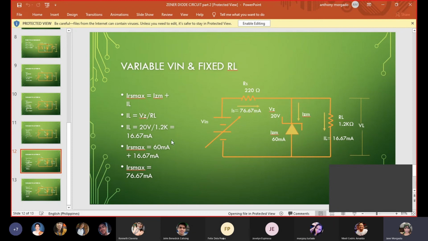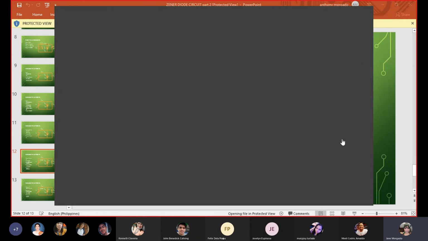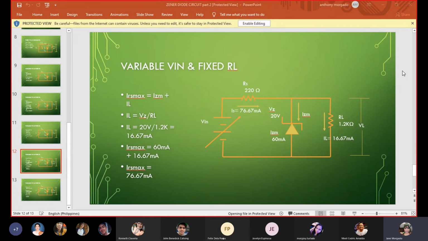With IC of 60 milliampere given, IL of 16.67, ito yung kanina. So we'll have a maximum current flow to R is equal to 76 milliampere. Question? Clear? Clear po. Okay.